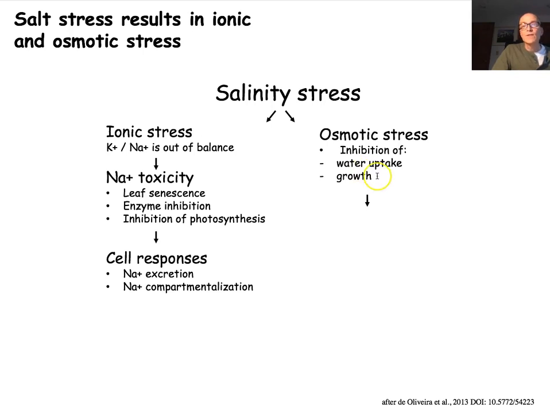So then there's water stress. So salinity stress can also lead to drought stress, water stress. And that is caused by osmotic stress, by the movement of water towards a compartment, be it the soil, for example, that is more salty and therefore attracts water. And of course, that creates problems with growth.